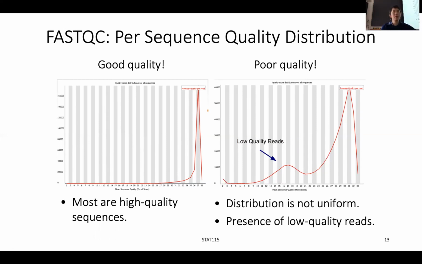Because if most of the read has quality of 38 or 39, you will probably get a median score close to 30 something. So I would say anything with a median score above 30 or 20, even 28, is a very good quality result. But then sometimes you might see this, a whole bunch of reads for some reason, their median quality score is only around 16 or something. Well, it's just lower. It will give you some sense, maybe this is not a good quality sample.